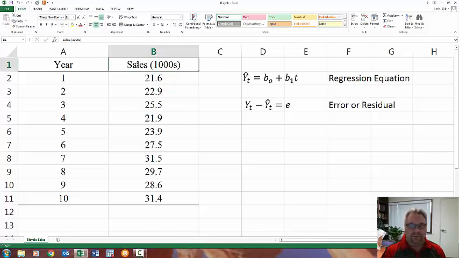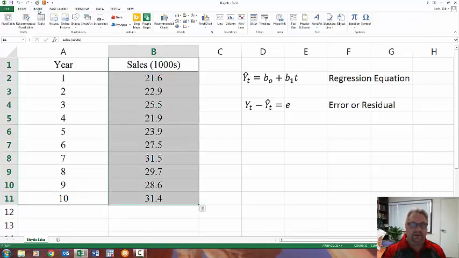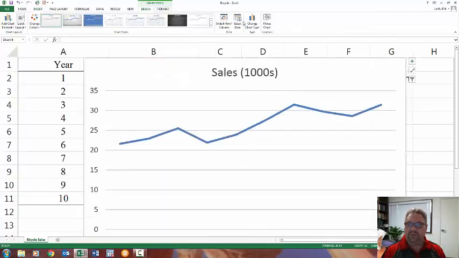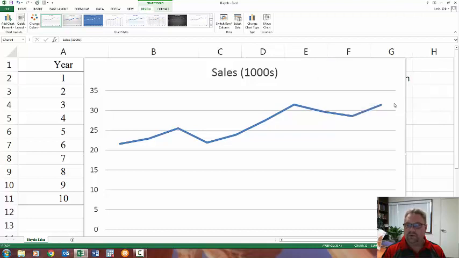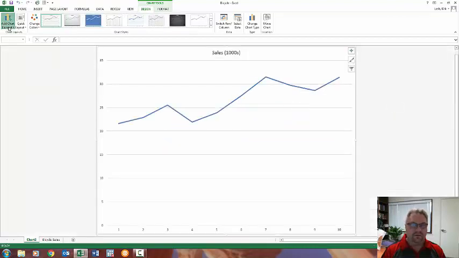So as I mentioned before, whenever you have time series data, step one is graph it. And I know I've already graphed this, but I still want to do it again. So I'll graph this and move the chart. And then, of course, I want to insert my trend line.